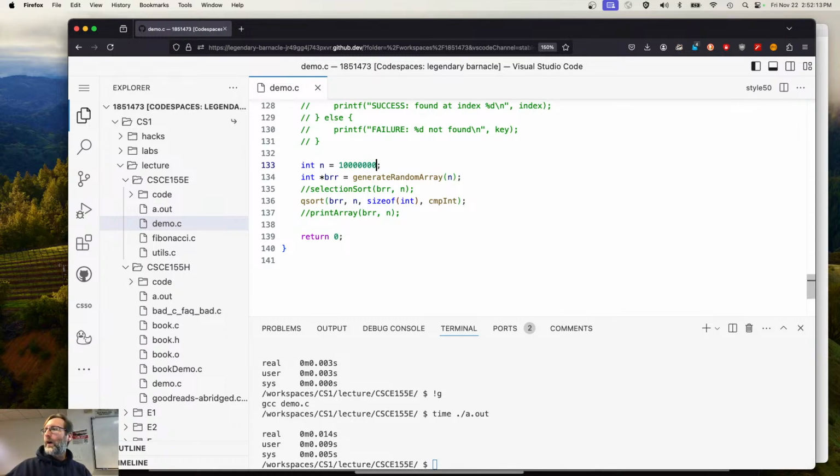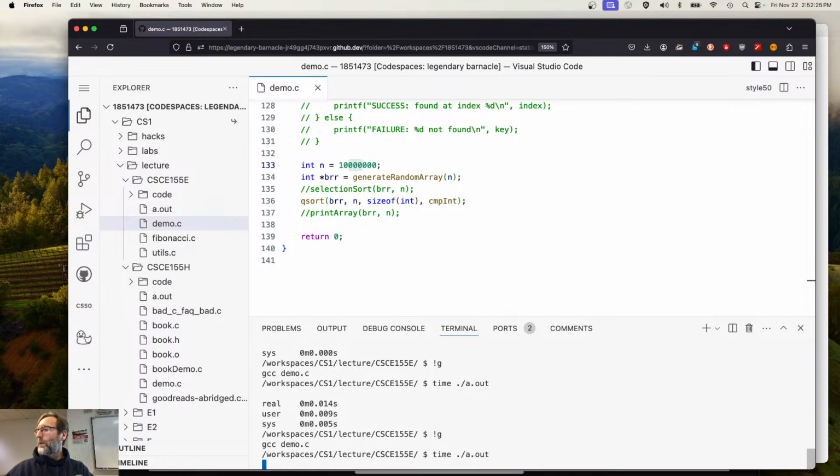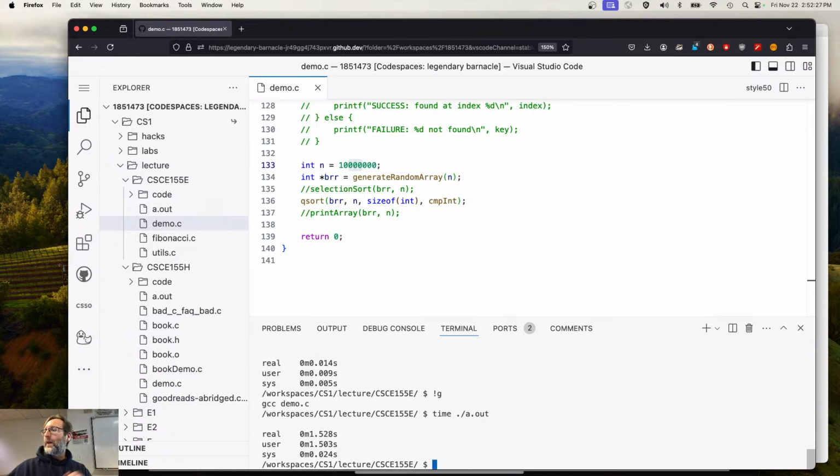I can go up to 10 million here. Is that 10 million? There we go. So I went up 2 orders of magnitude, meaning I went up 100 times as much, so this should be 100 times as slow. And it will be, it is counting that random number generator time, but it's about 100, yeah, that's about it.